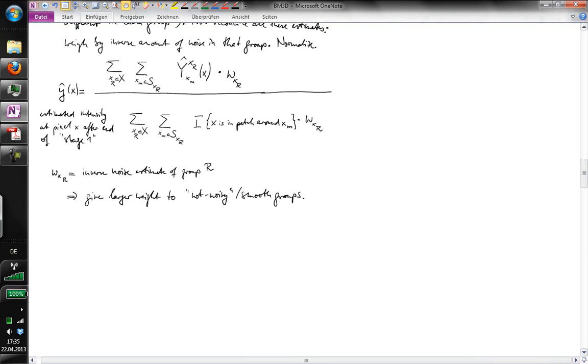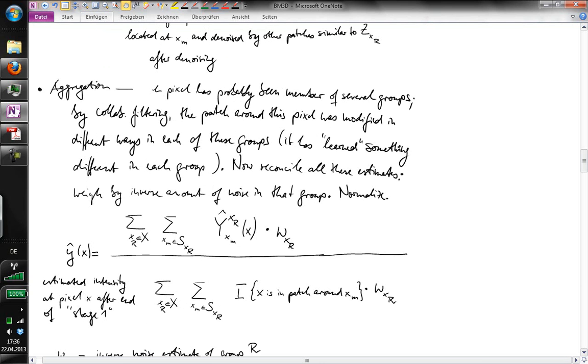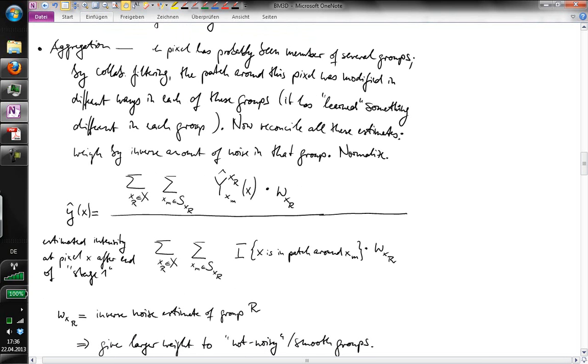Okay, now I've had to sit and stare at this formula for a while, but I hope I expressed it clearly in words. Each pixel x for which we want to make a prediction can be in a patch or in patches that are part of different groups.